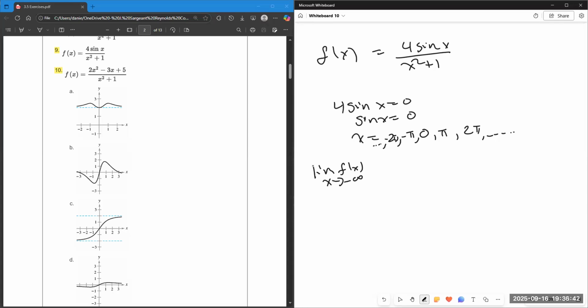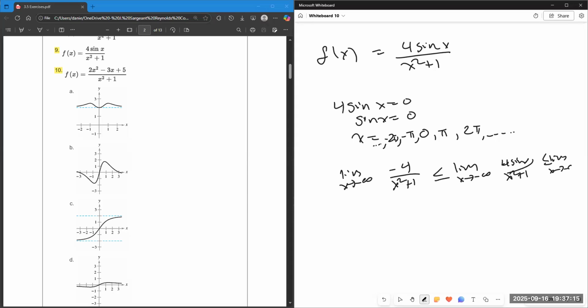So we have -4 over x squared plus 1 is less than 4 sine x over x squared plus 1, which is less than the limit as x goes to negative infinity of +4 over x squared plus 1.